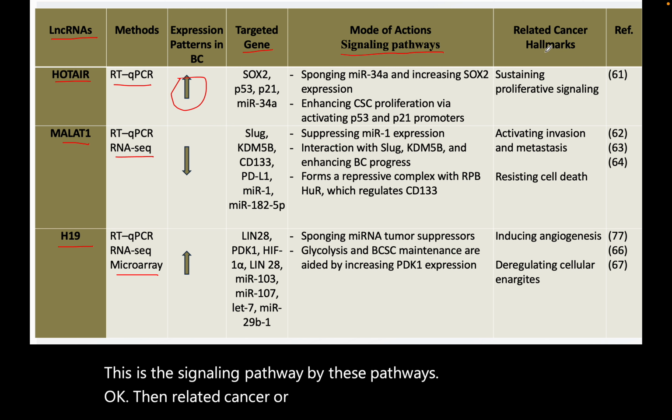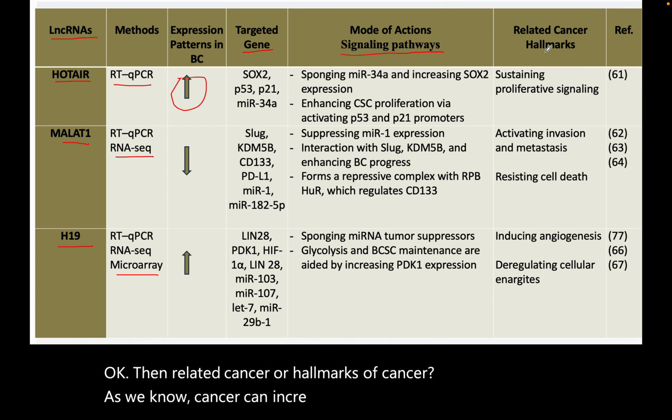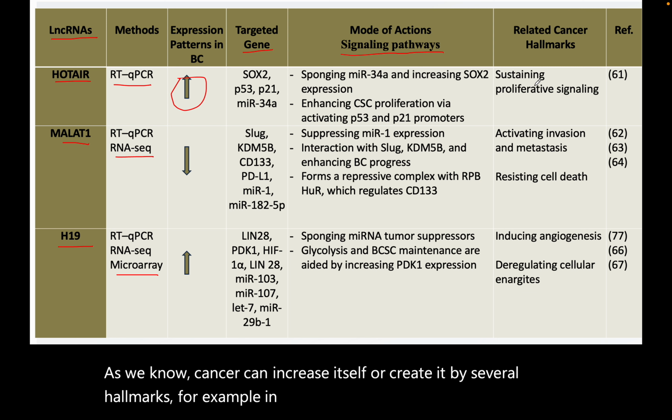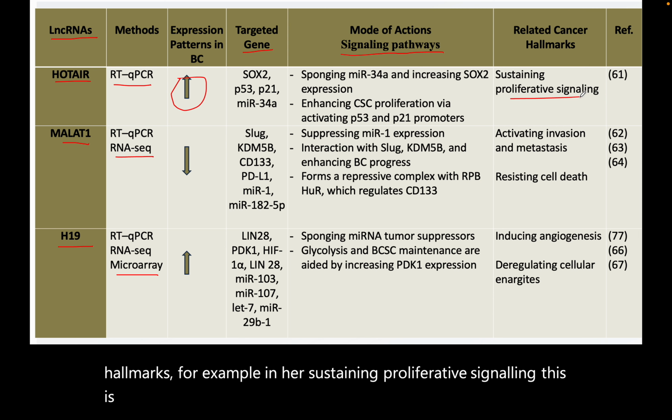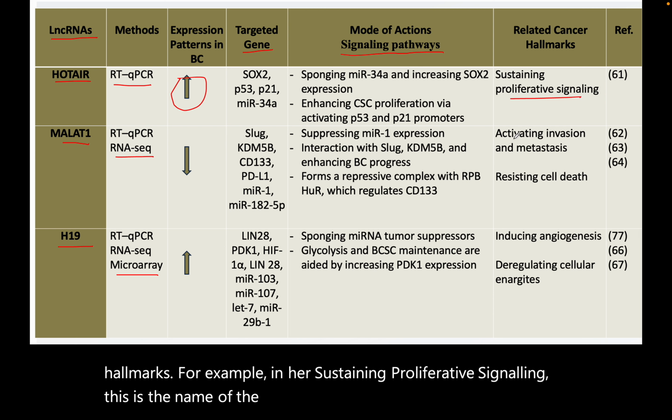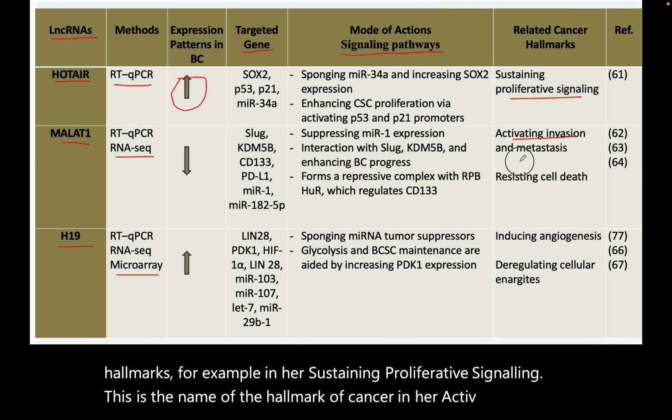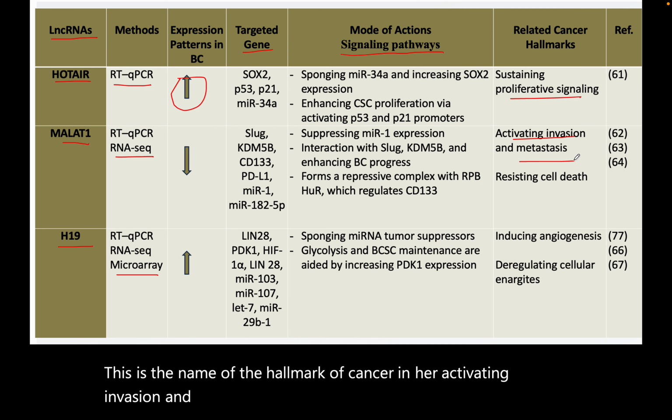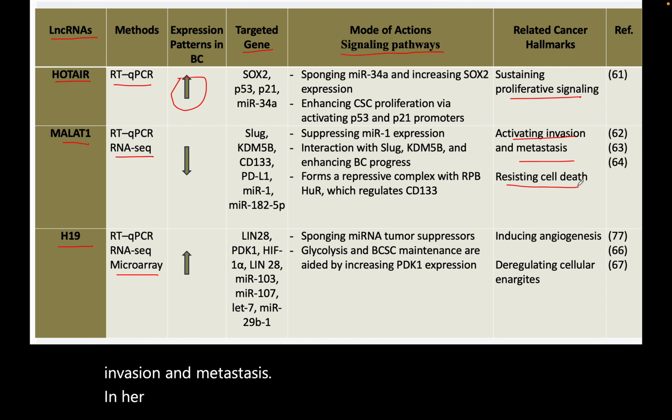As we know, cancer can increase itself or be created by several hallmarks. For example, in here, sustaining proliferative signaling. This is the name of the hallmark of cancer. In here, activating invasion and metastasis. In here, apoptosis or resisting cell death. And so on.